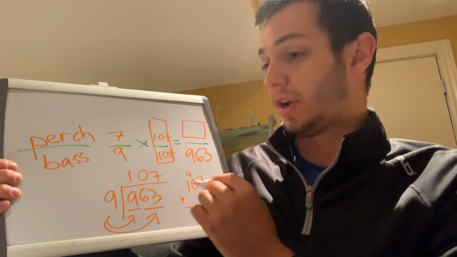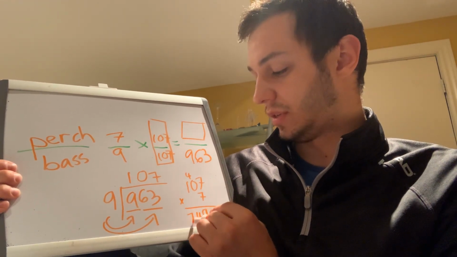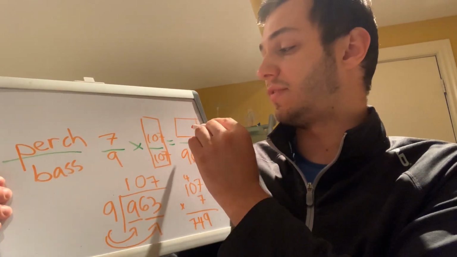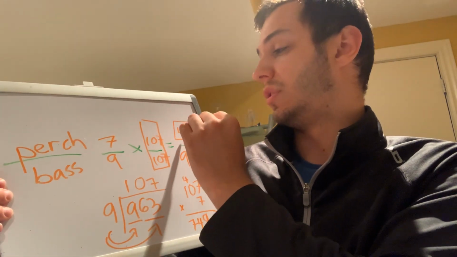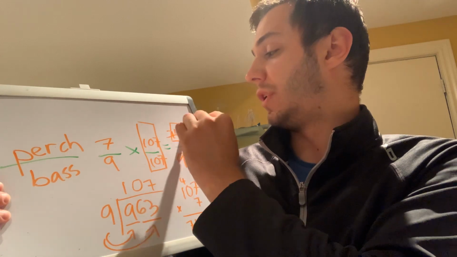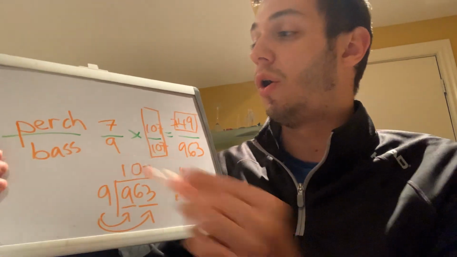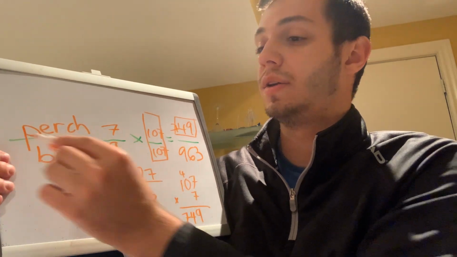And then 7 multiplied by 1, which gives us 7. So that means that our missing number in our last fraction is 749.